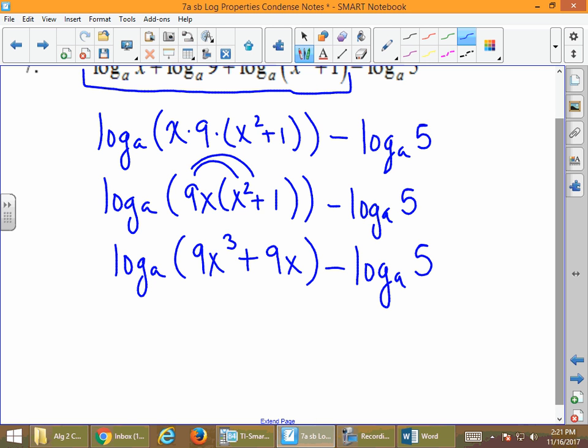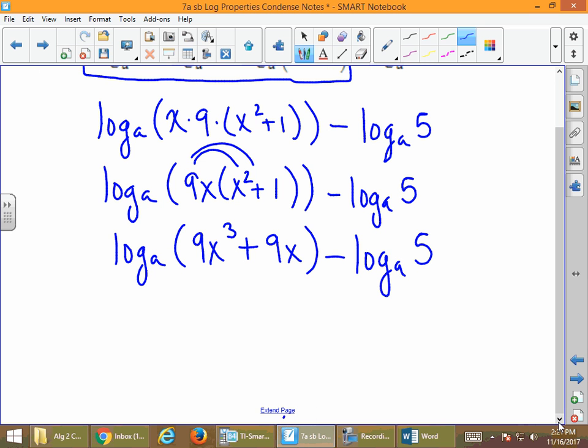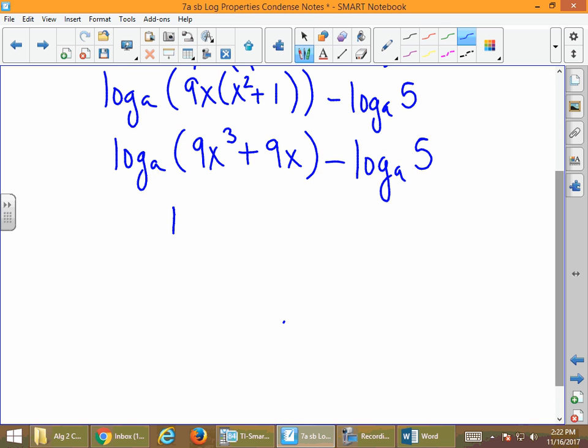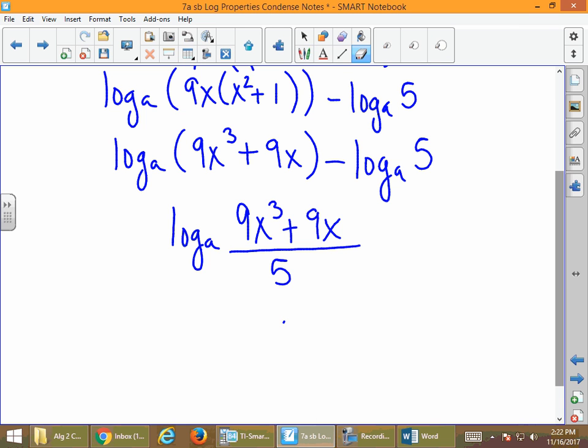We dealt with the pluses, the addition symbols in this problem, with our product property. We have a minus now that we need to deal with, and that's going to be our quotient property again. And our quotient property says that we can condense this by saying log base A of 9x cubed plus 9x divided by 5.